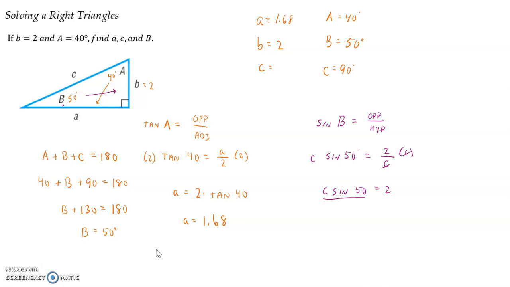And then I can divide both sides by sine of 50. And again, I'm going to go ahead to my calculator, and I'll take this out to 2 decimal places, and this is going to give me 2.61.